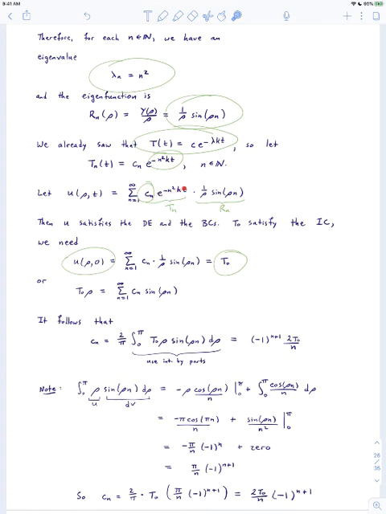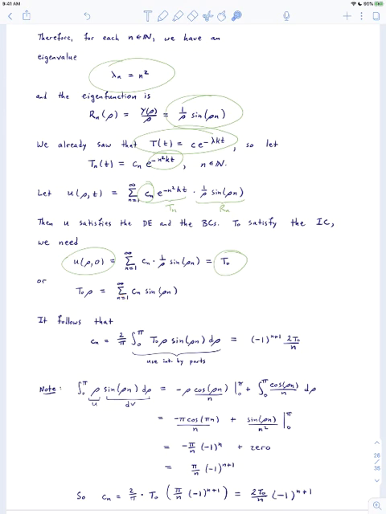That just gets rid of the exponential. So you're left with the sum n equals 1 to infinity of c sub n times 1 over rho times sine of rho n. But this has to equal T sub 0. So multiply both sides by rho to get this expression here. And so now we can see that we have a Fourier series, a Fourier sine series.